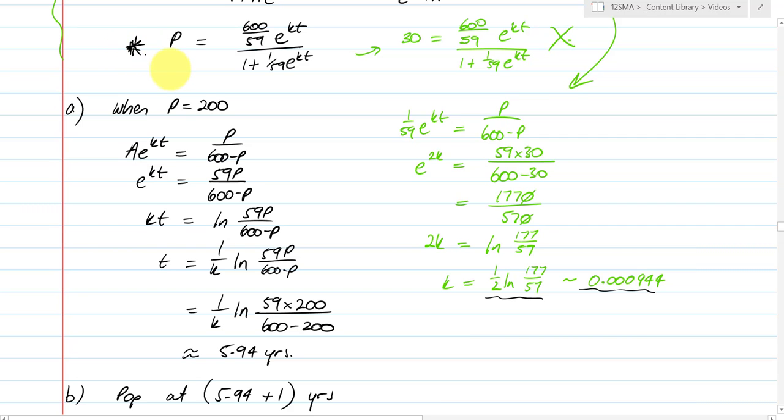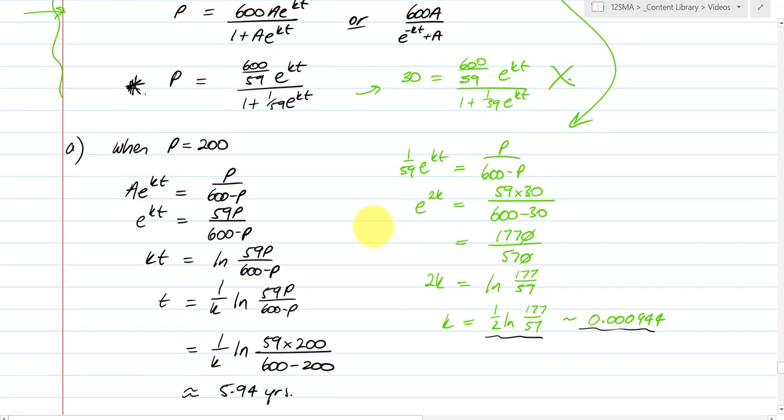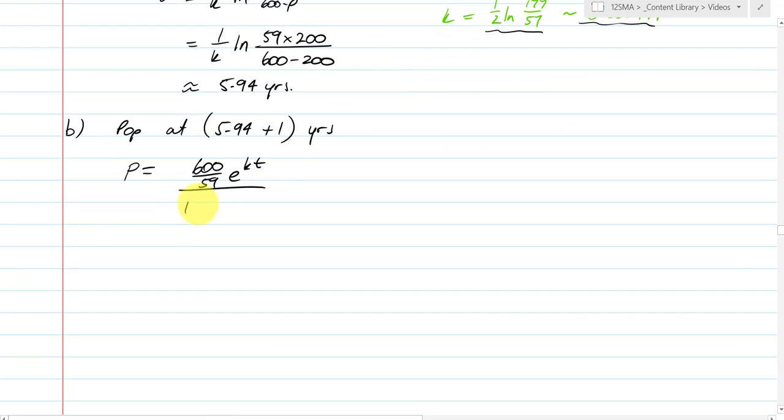Here it is here: 600 over 59 e to the kt over 1 plus 1 over 59 e to the kt. You'll see I'm still too scared to put k in its exact form, so I'm just leaving it as k. But now I can put in my time at 6.94, which I've maintained from the previous answer.